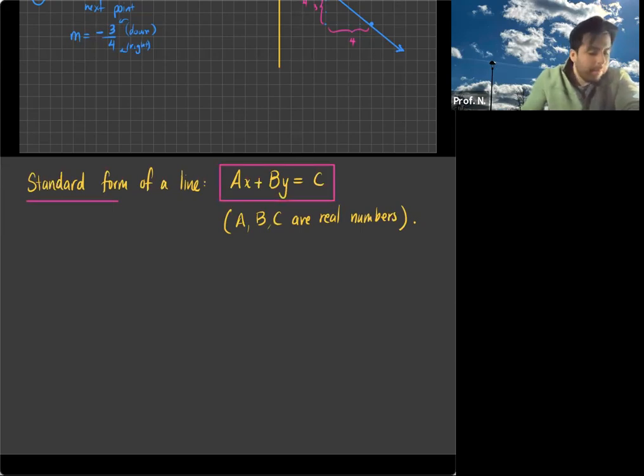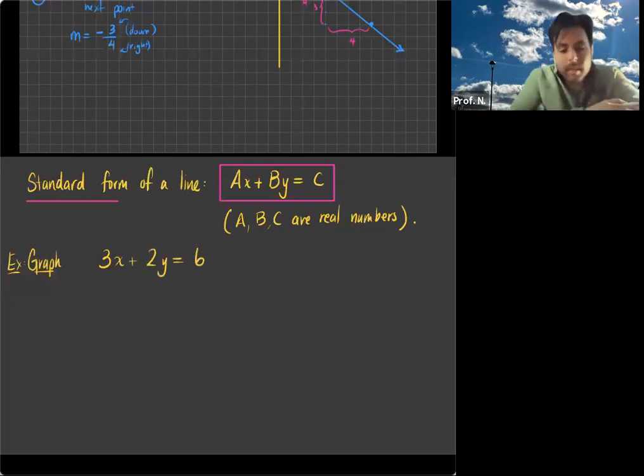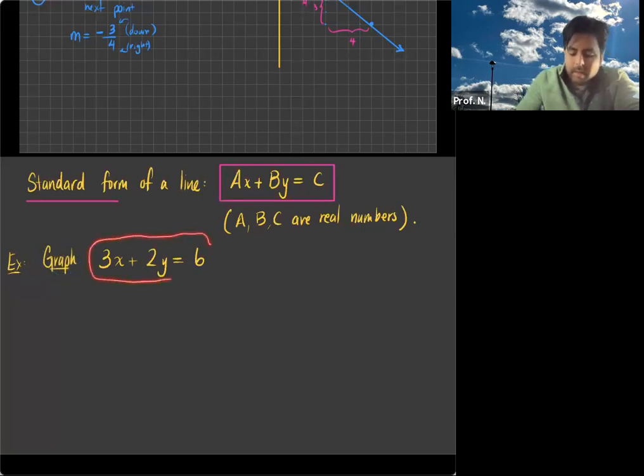So as an example, I want to graph 3x plus 2y equals 6. So again, this is a line.